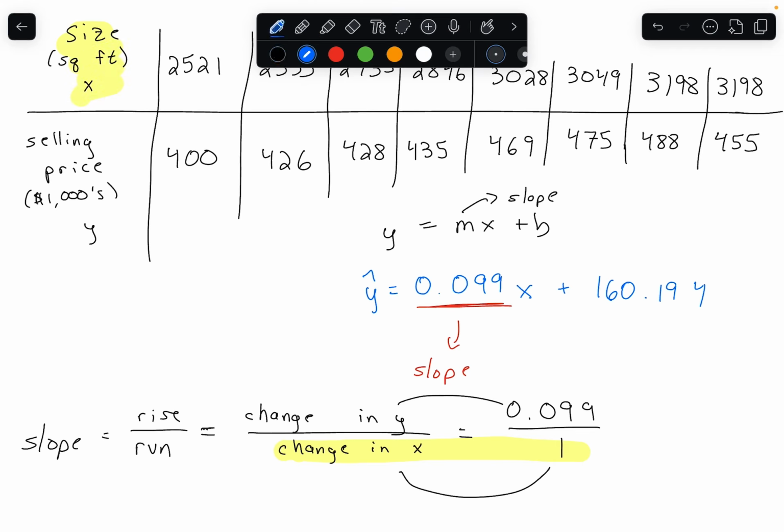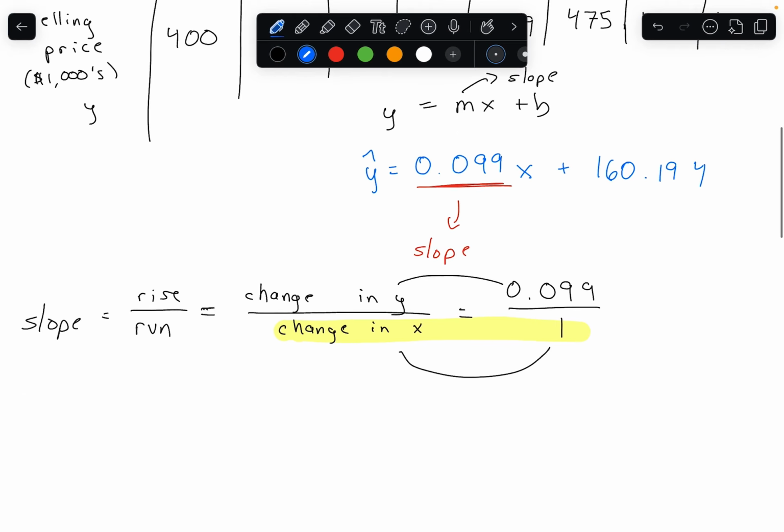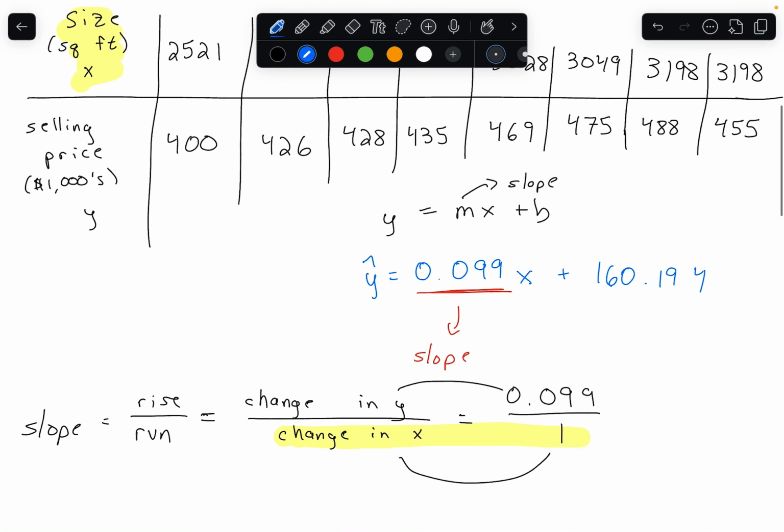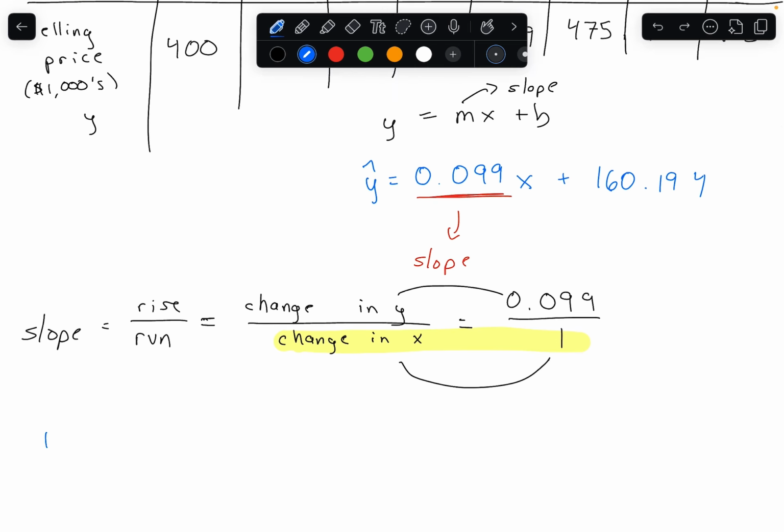So in this case, I would start my interpretation by saying, well, if I was to increase the size of my home by 1 square foot. So I'm going to start by saying for a 1 square foot increase in home size. So I've talked about the x variable.